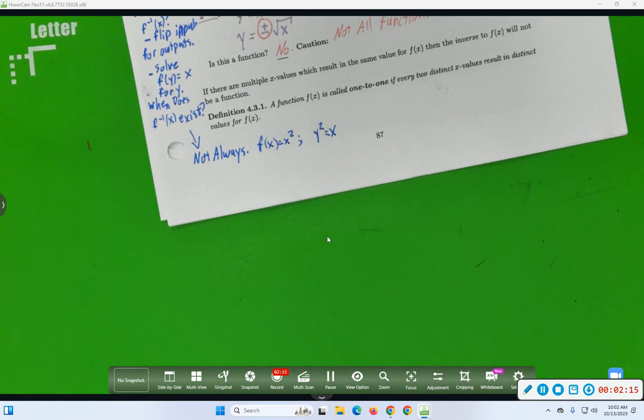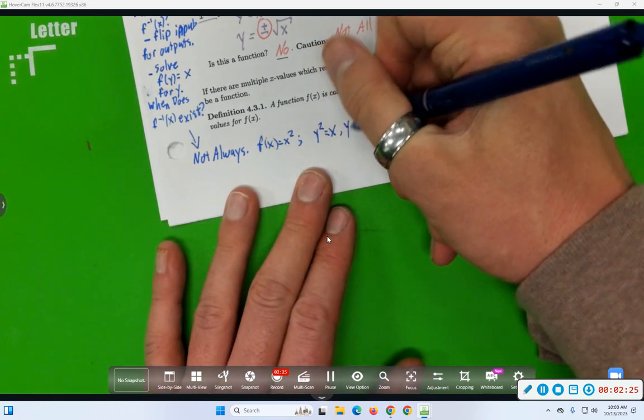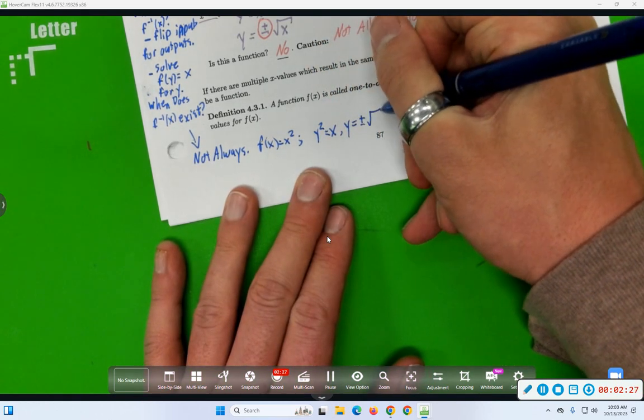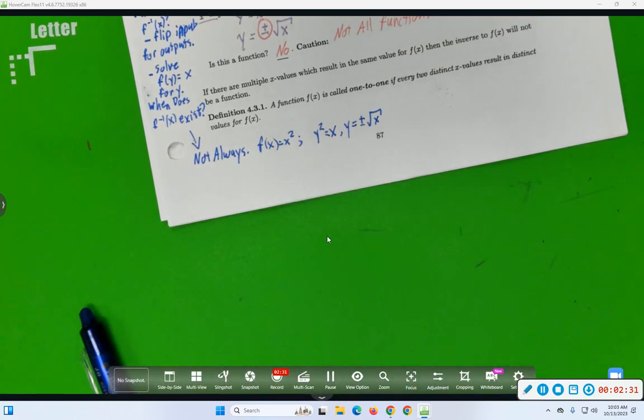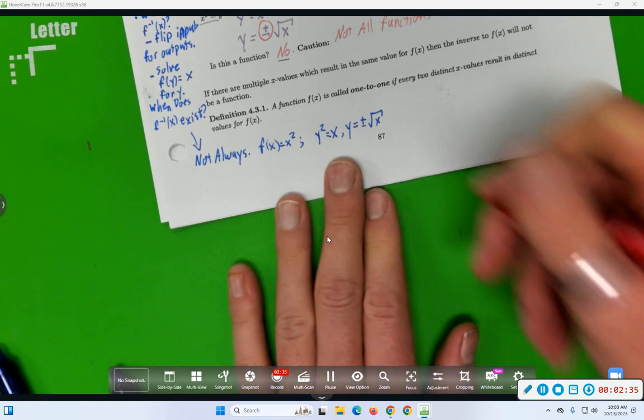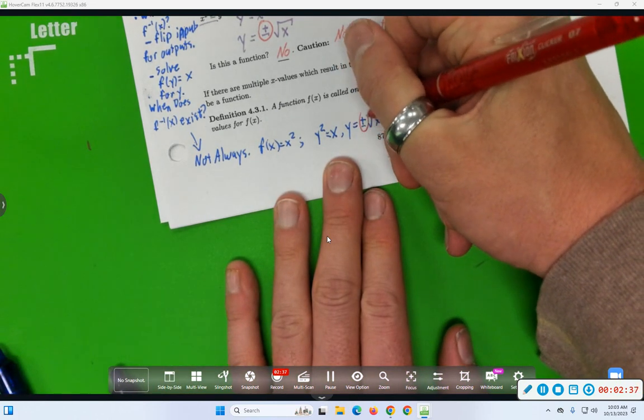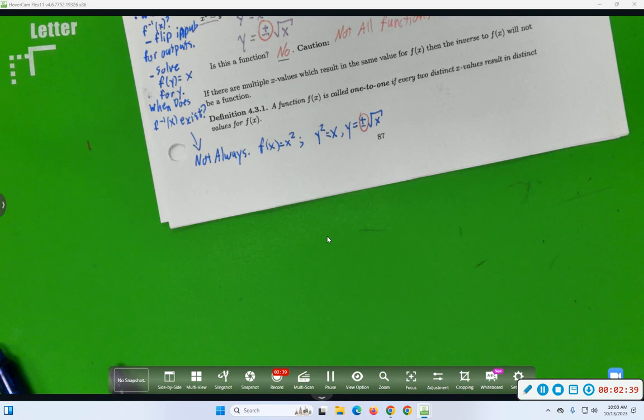What do you get if you solve that for y? Plus or minus root x. That plus or minus is bad, right?